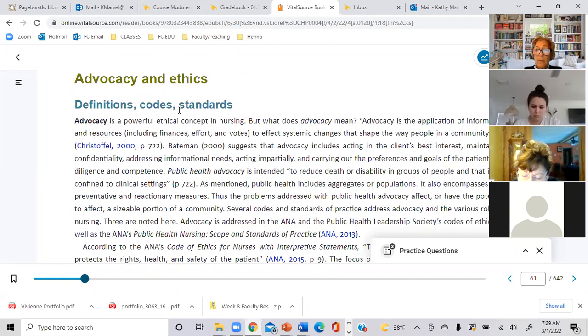Just think of the numerous scenarios that we potentially would be acting as an advocate for our client or the family or whomever.